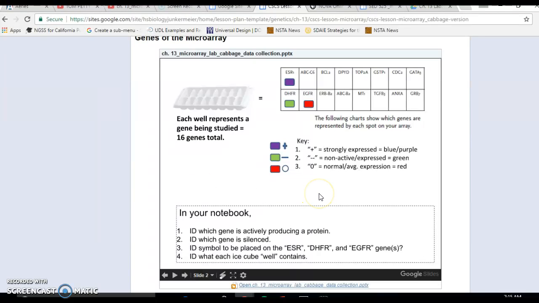So let's compare the results from the Nova traditional and the newer version, the Cabbage version. Let's just look at and examine images of the results or gene activity for patient 2 if we were using the Nova traditional DNA or the DNA from the Cabbage version.